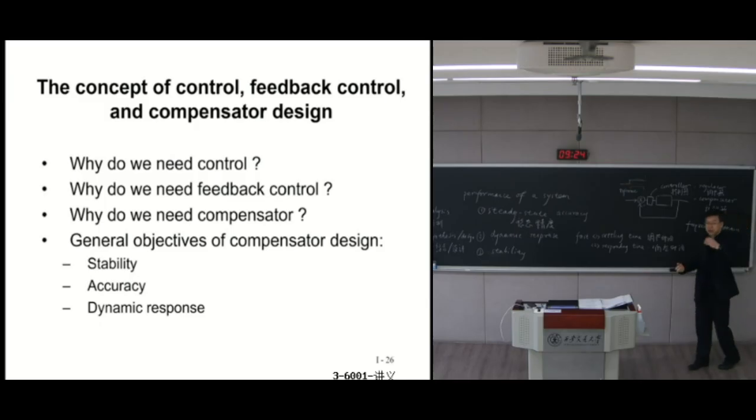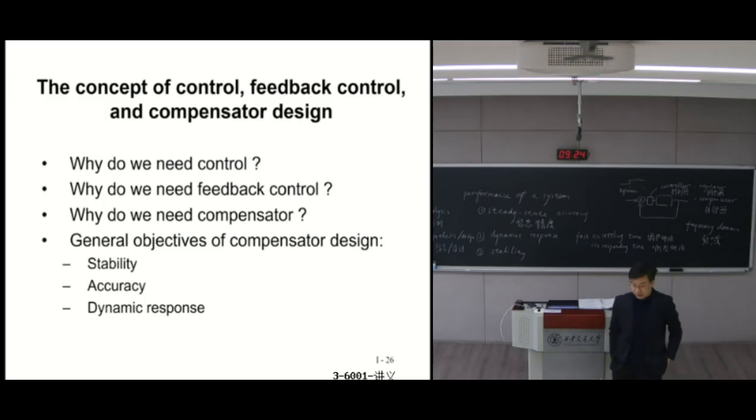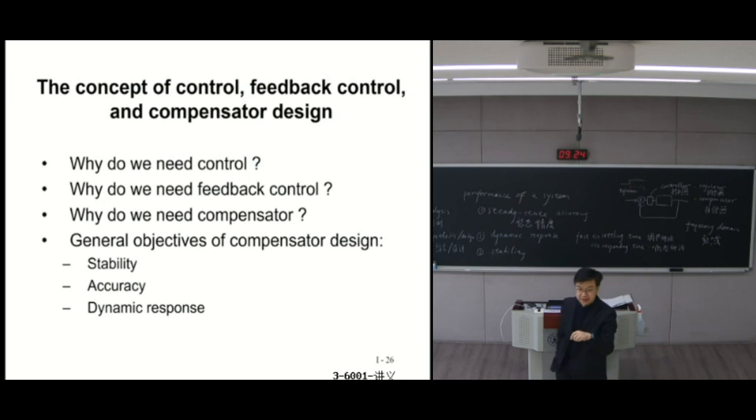Frequency domain means we are basically using the frequency spectrum of the system to evaluate the system performance and to design the controller. Of course, there is also a time domain method. The frequency domain method is usually based on transfer function. We will discuss transfer function just a little bit later on.